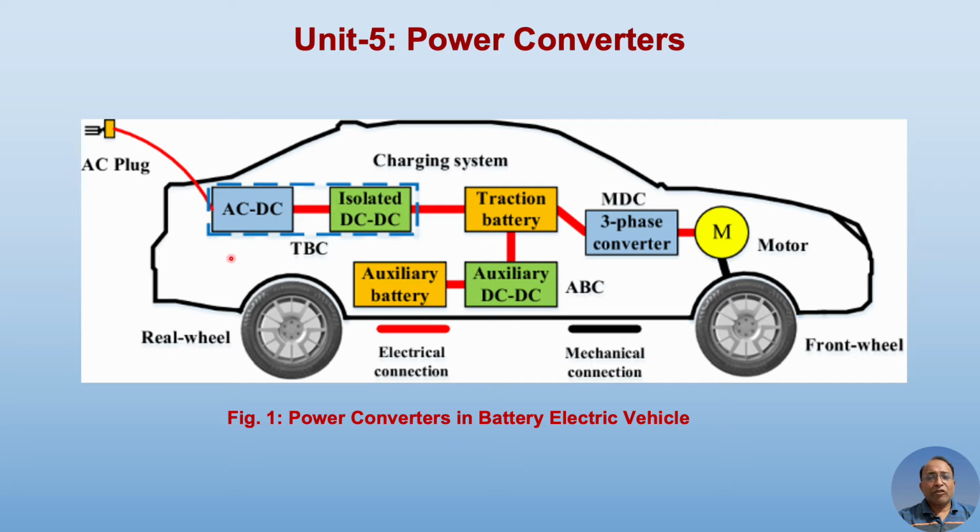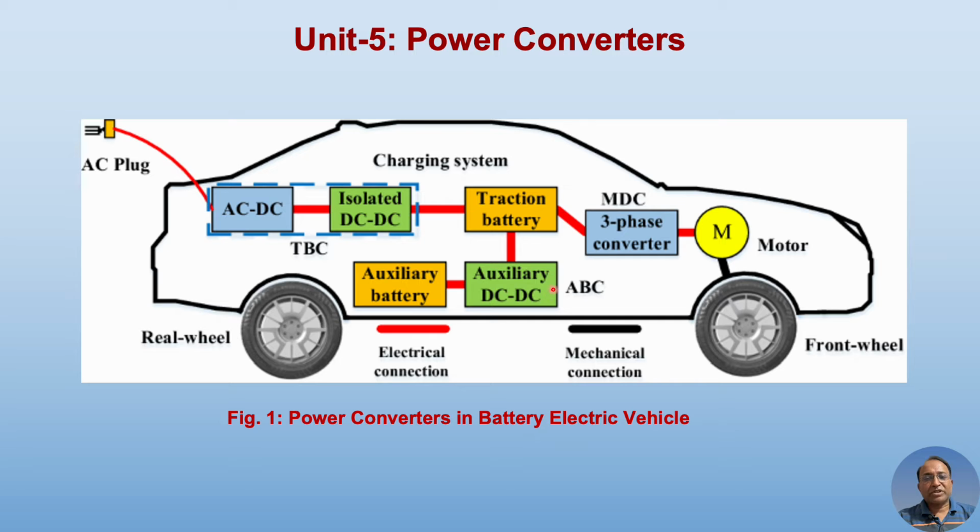Here itself we can observe that there are several circuits: AC to DC or rectifier, DC to DC, also called chopper circuits, and then DC to AC for supplying power to the motor. These are inverters, and then low voltage DC to DC. Many times the battery pack is a high voltage battery pack, so we need to step down the voltage.